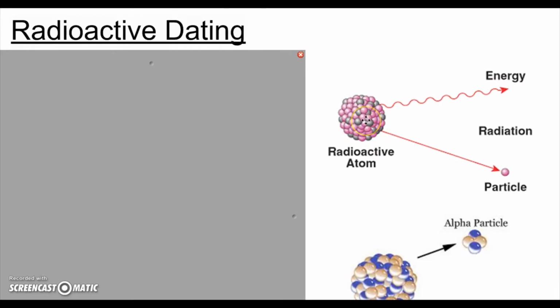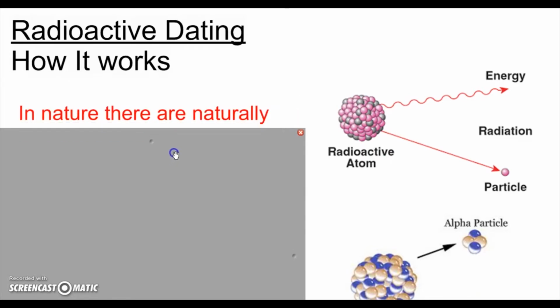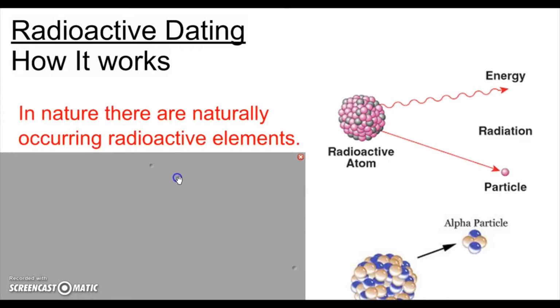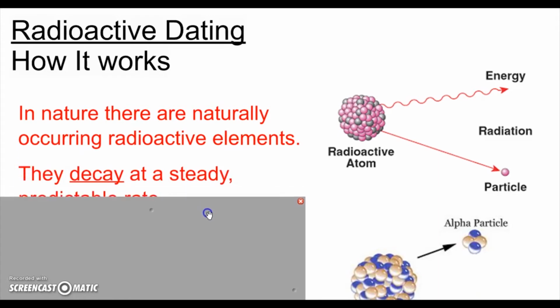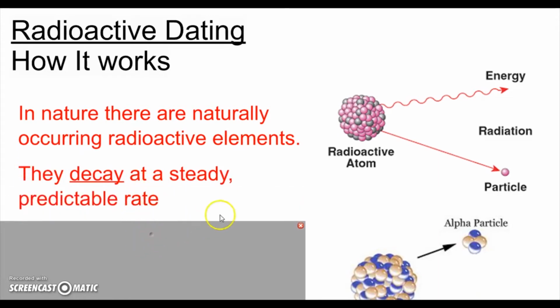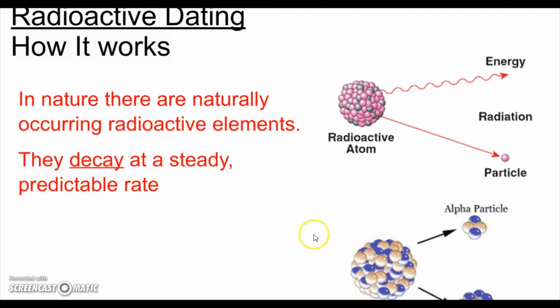Okay, you get a bunch of people, shove them in a house, they're not getting along, and one of them might run away because it's so unstable inside of there, you could say. Okay, radioactive dating, how it works. In nature, there are naturally occurring radioactive elements. They decay at a steady, predictable rate. So that's what we're going to use to try to figure out the age of some things using half-lives.